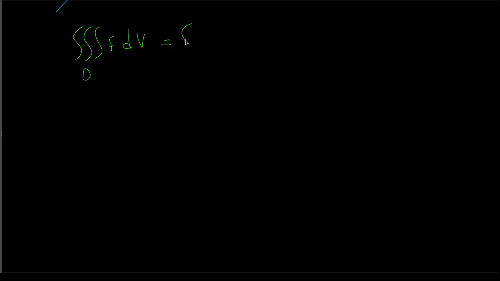That function has to be in the same coordinate system as the differential. So if my function is in rho, phi, theta, then my differential is going to pick up rho squared sine phi dr d phi d theta. And so this would be our integration within spherical coordinates.